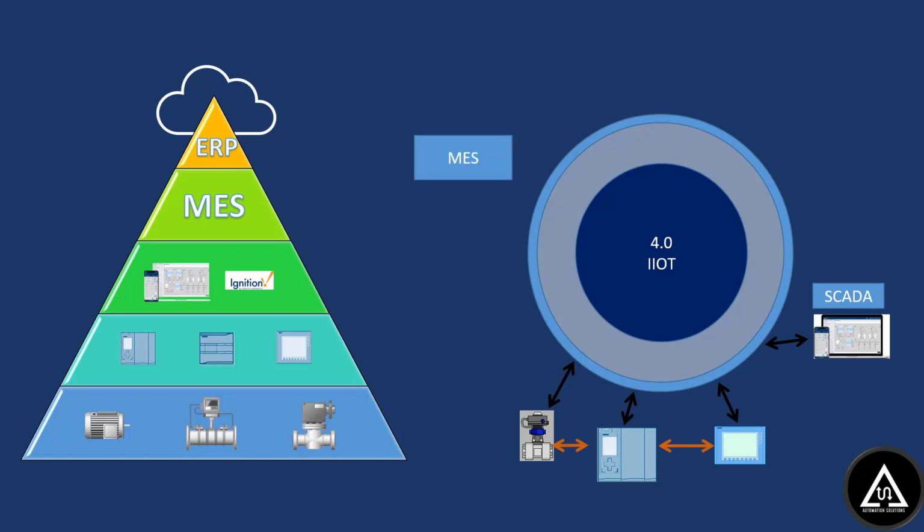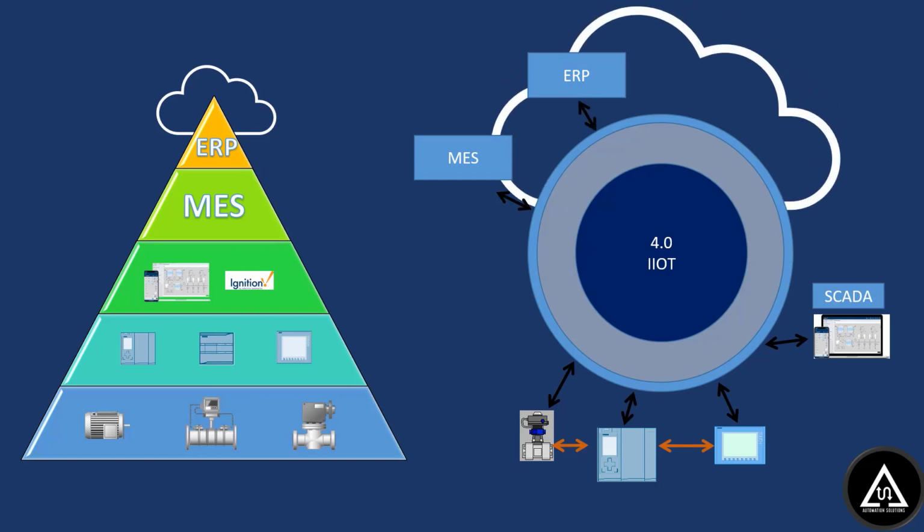And not only that, you can have your MES now connected directly to your unified namespace, your ERP, and even those software, and even the IIoT does not have to be on premises. You can put it in the cloud, or you can put it on your local servers. Your MES, your ERP can also be executed in the cloud or in your premises.